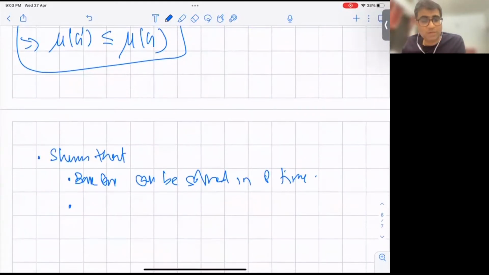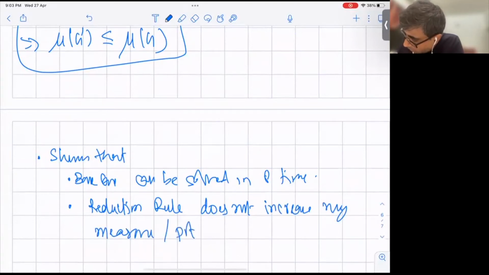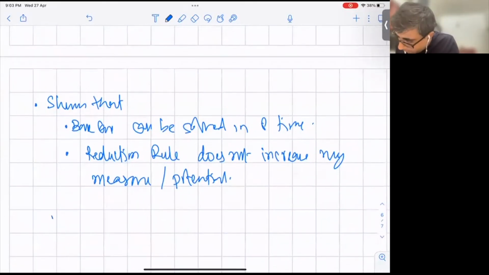Secondly, we also saw that the reduction rule does not increase my measure or potential.